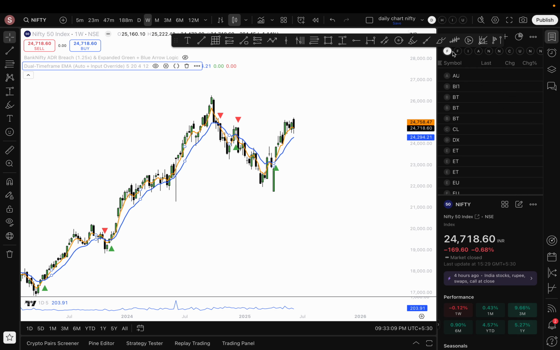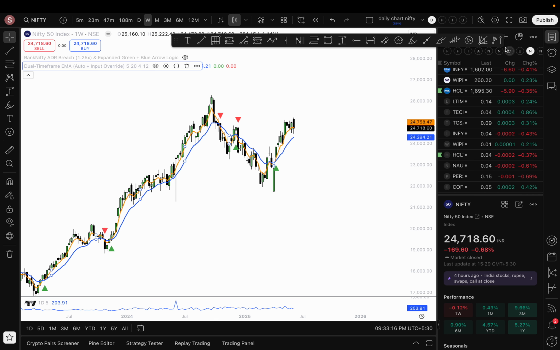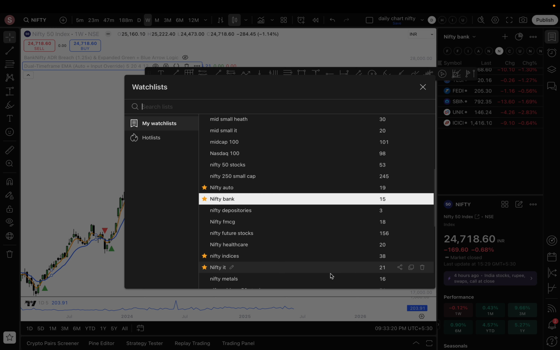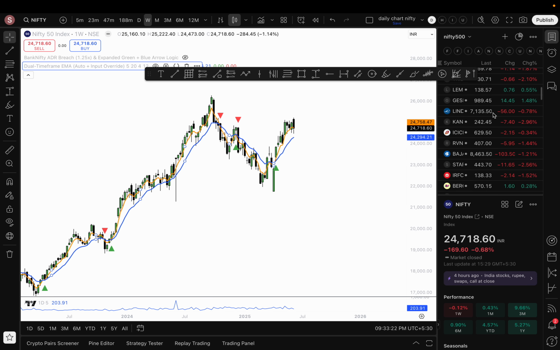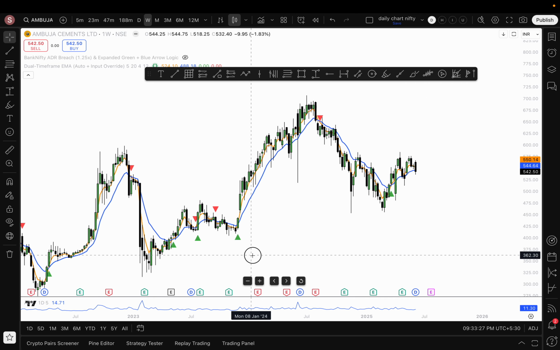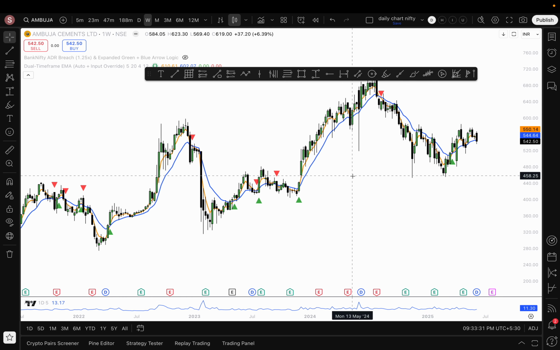Let's consider some random stock. Let's consider Ambuja Cements. These are the earning events. If you actually see, not a proper trendy stock, but still we'll consider this.